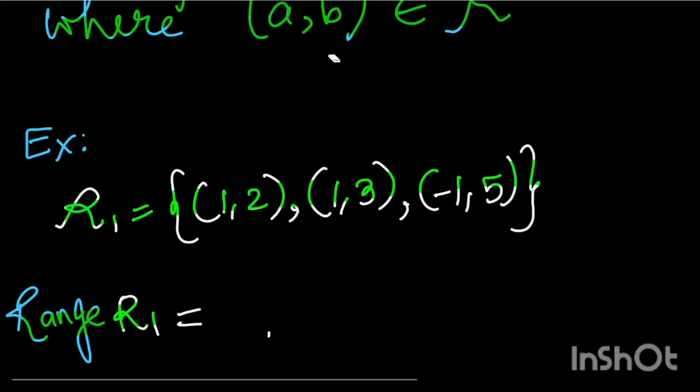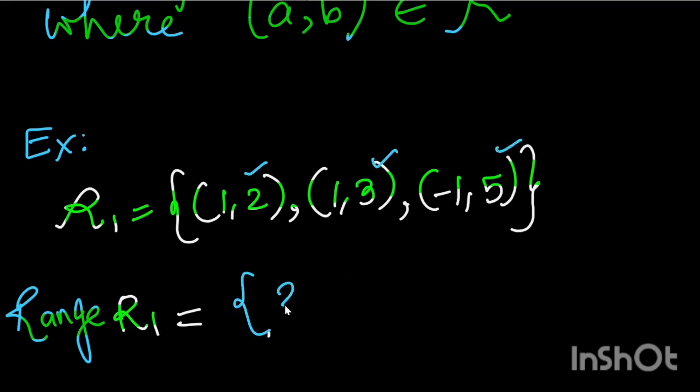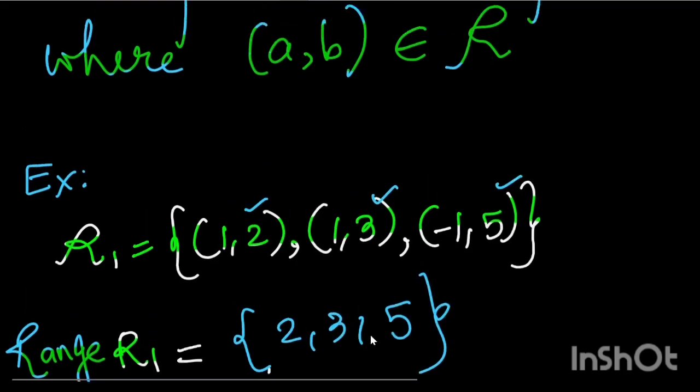Clearly the second element collection, which is 2, 3, 5. So 2, 3, 5 is the range of R1, guys.